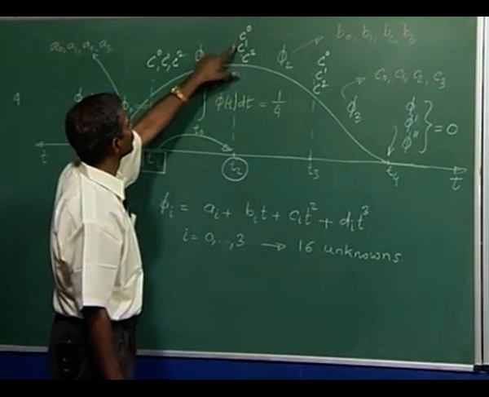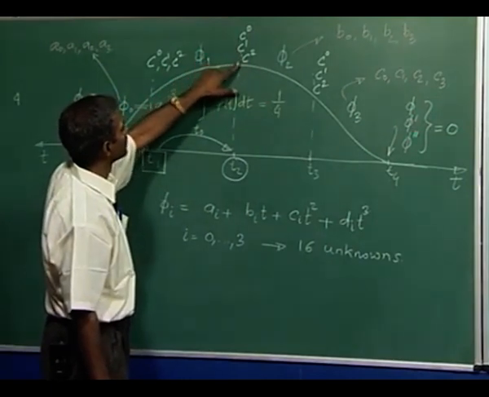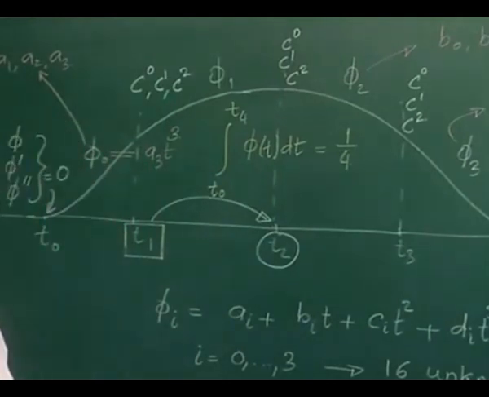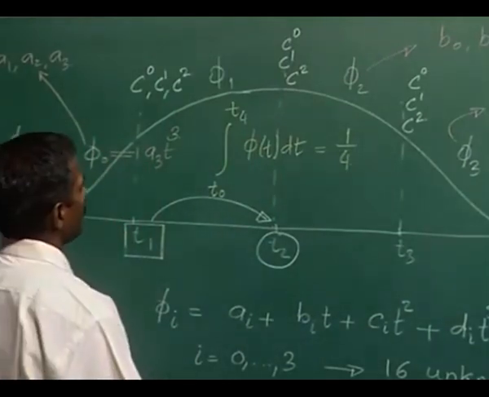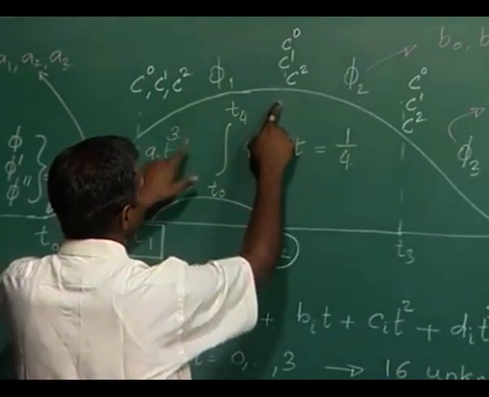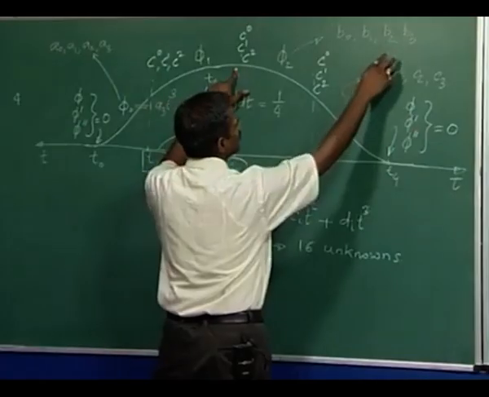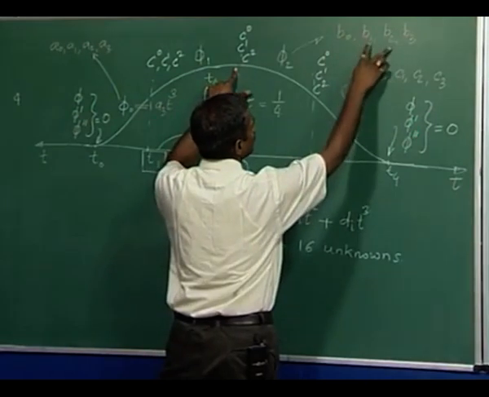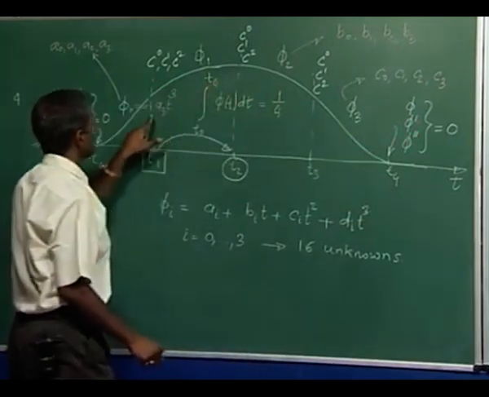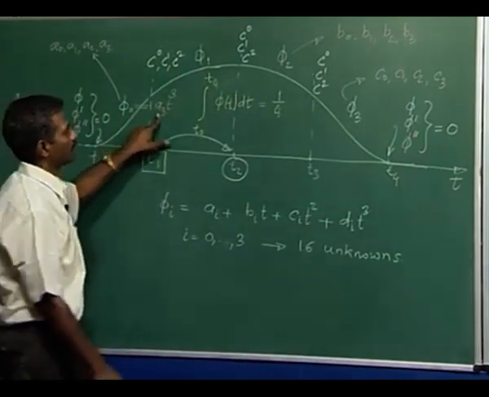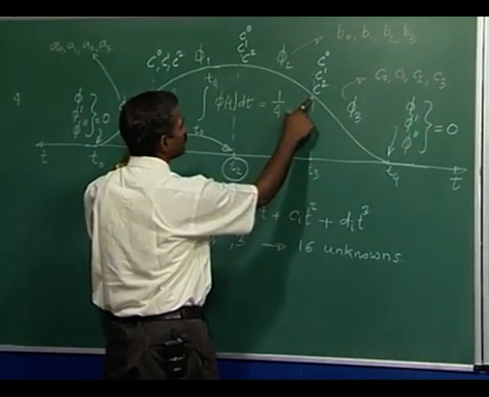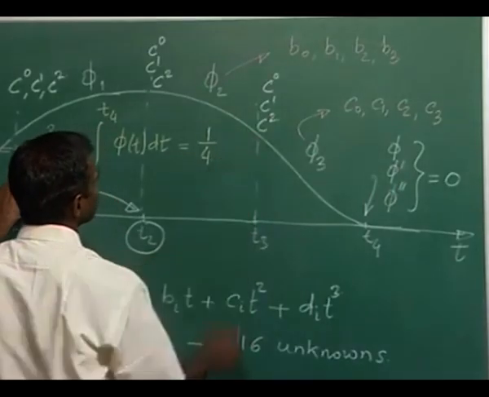I have C0, C1, and C2 continuity conditions here initially. If I use these continuity conditions, I would be able to express three of these in terms of, say, B3 and A3. So by the time I come here, I will have two unknowns.